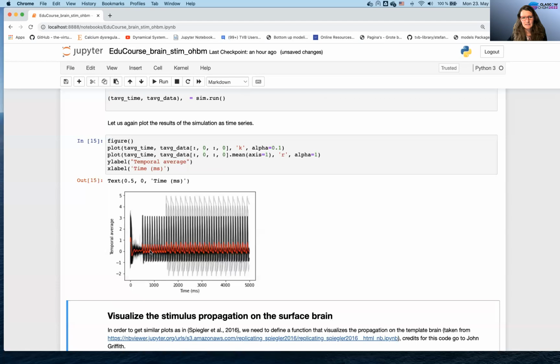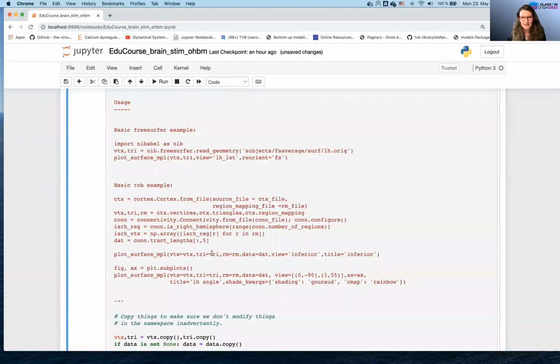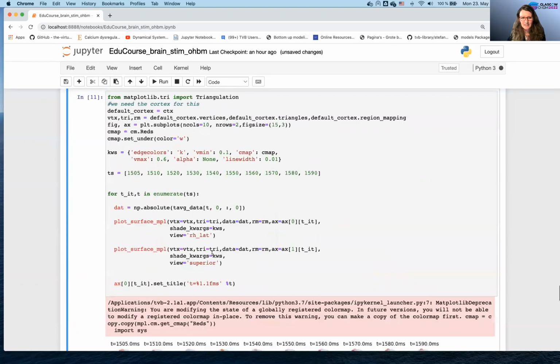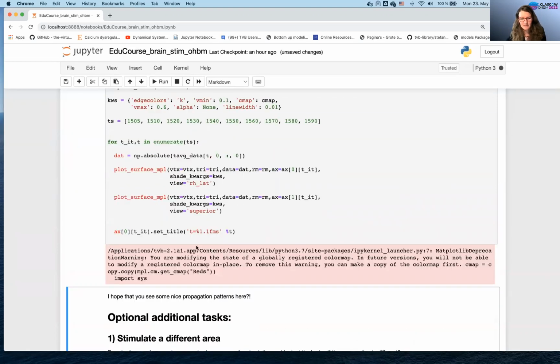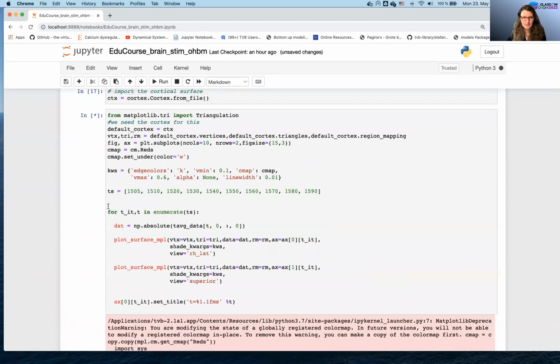You can already see, oh my God, it's changing a lot. These two different stimuli are impacting the whole brain dynamics quite a lot. Let's visualize the propagation again on this template brain. Let's wait a second.